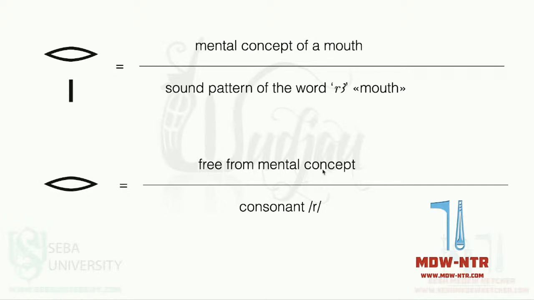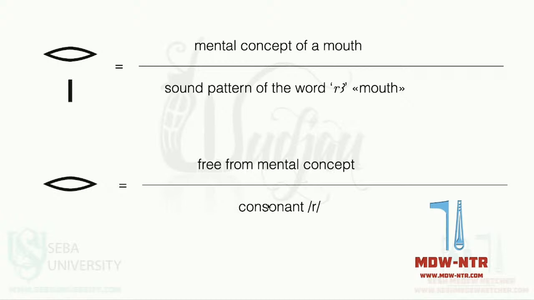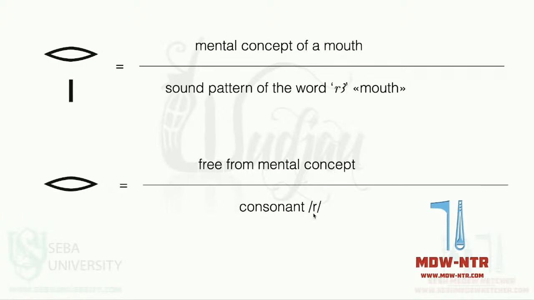So it's free from the mental concept. It's divorced from the mental concept. And now on the form side, it only represents the sound of the consonant R. So now it's just representing a consonant R and not a mouth anymore. All right? So keep that in mind.